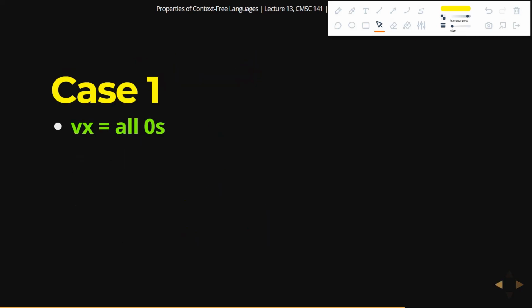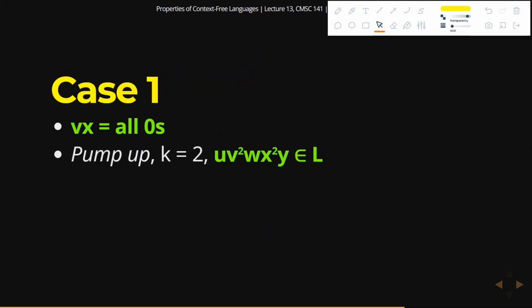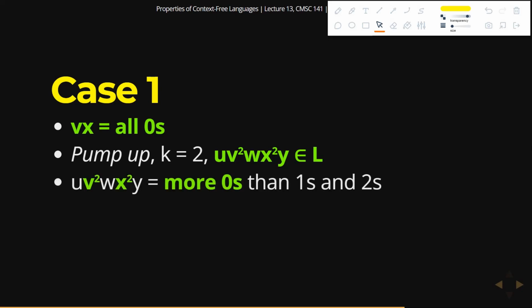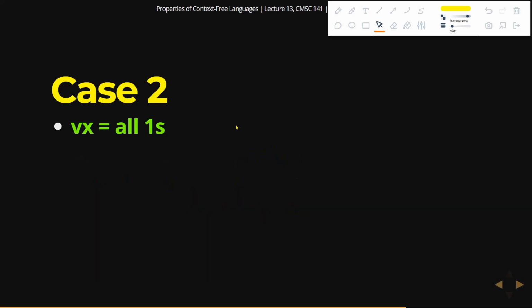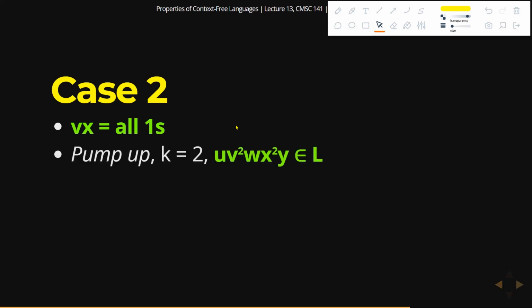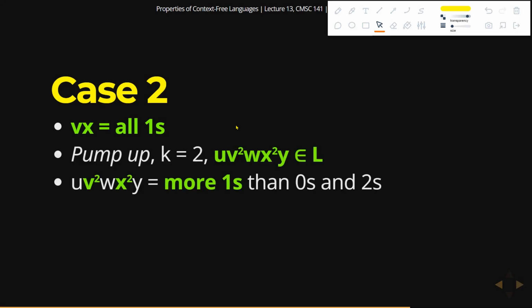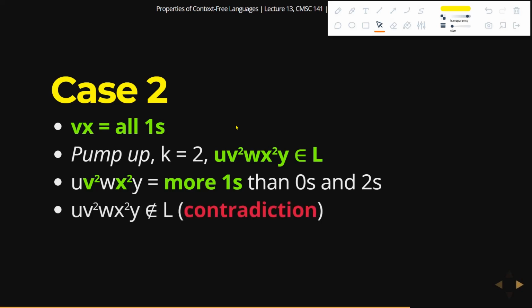If you have all zeros in vx and you pump it up, there would be more zeros than ones and twos, so it's not part of the language, which is a contradiction. If it was all ones, for the same reason, if we pump this up, there will be more ones than zeros and twos, so this is also not part of the language, a contradiction.